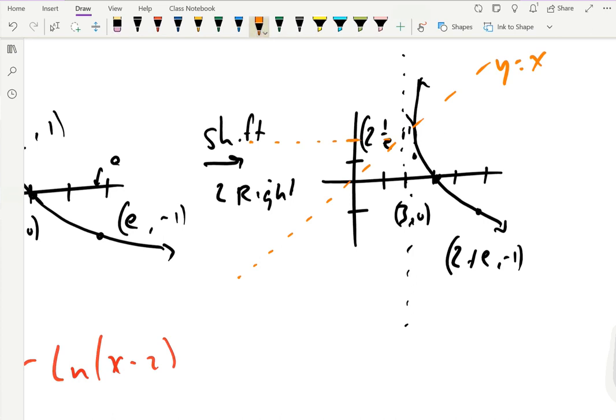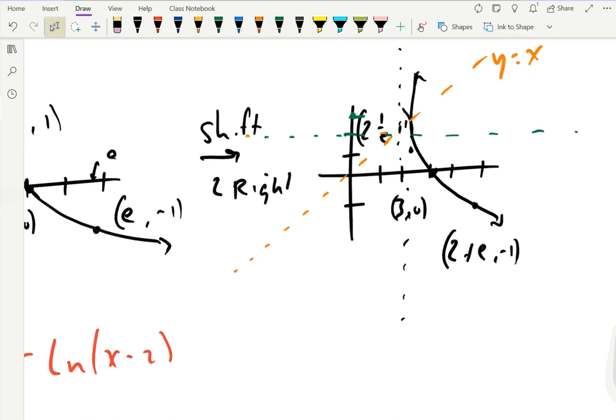Let me go ahead and change colors here. So at 2, let's do it this way. If 3, 0 is on the graph, then 0, 3 has to be on the graph. 2 plus e to the negative 1, that means negative 1, 2 plus e has to be on the graph. So 1, 2, 3, 4. E is about 2.7, so that's going to be about 4.7, so negative 1 roughly up in here.